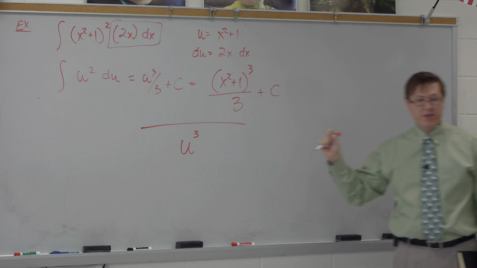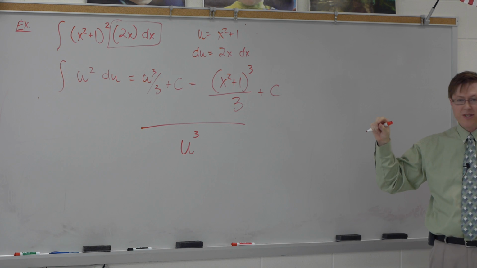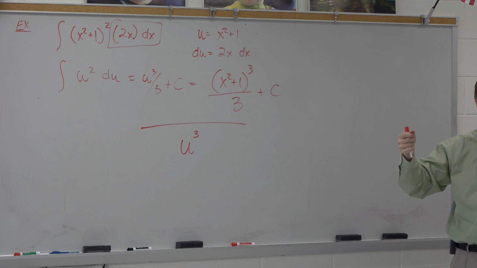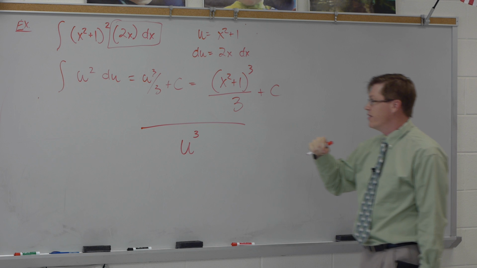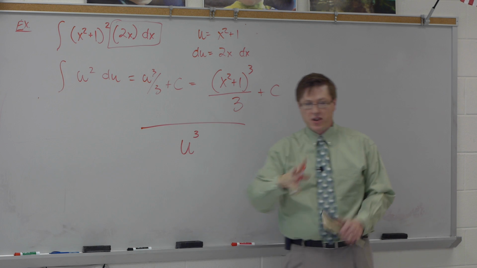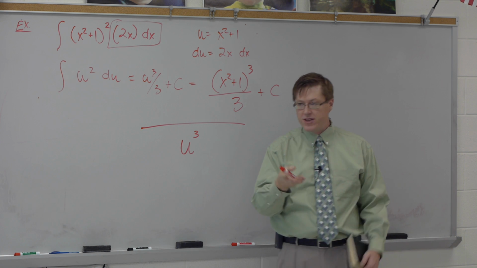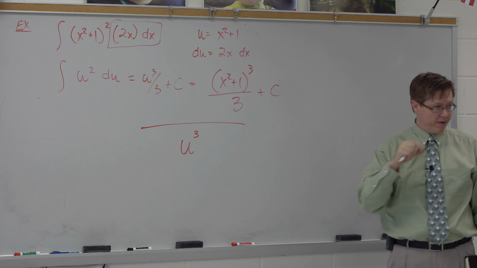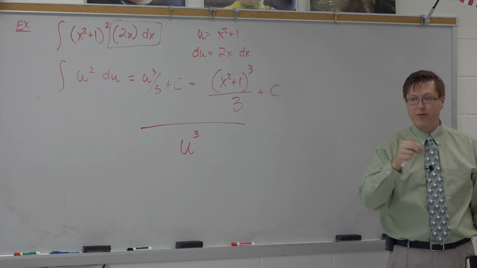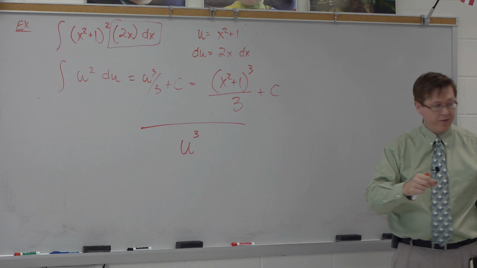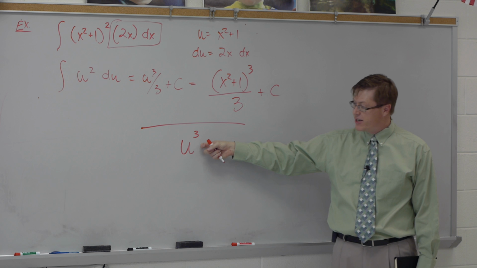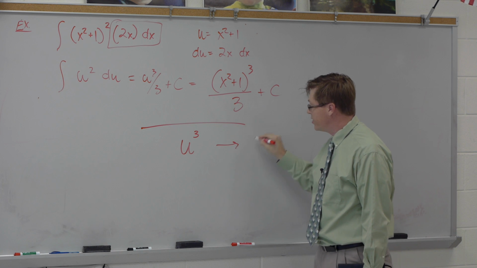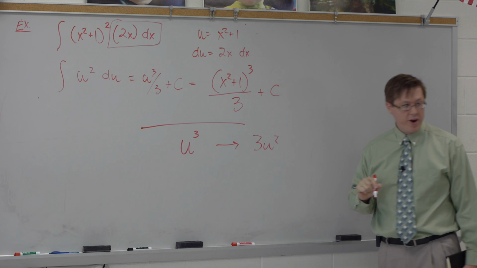Okay, I want to answer a question. Can you get everyone's attention, please? The question is, what happens to the du when you integrate? And the short answer is it just goes away, but it's not magic. There's a very good reason why it goes away. When we integrate, we're not just integrating expressions, we're actually integrating differentials, or differential forms. So take something I got by taking, say, the differential of u cubed. The differential of u cubed is not 3u squared.